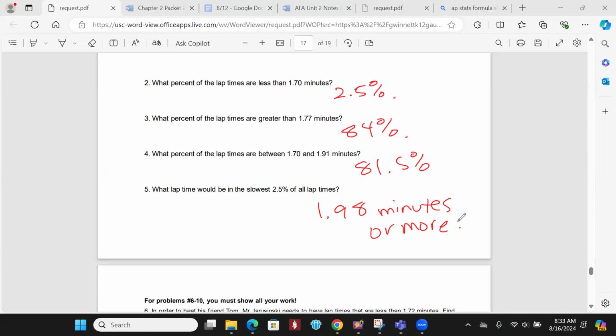Number 5. It said, what lap time would be the slowest 2.5% of all lap times? So how would we go about doing this one? You go to the right side, and then you find where it would be 2.5% left, which is at 2 standard deviations. And then the time at 2 standard deviations is 1.98.